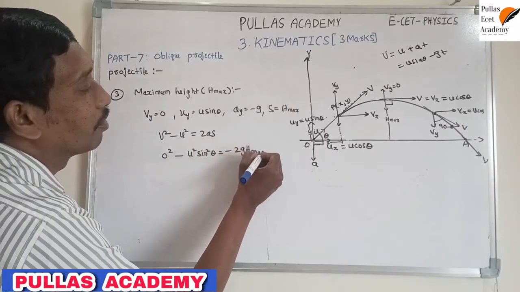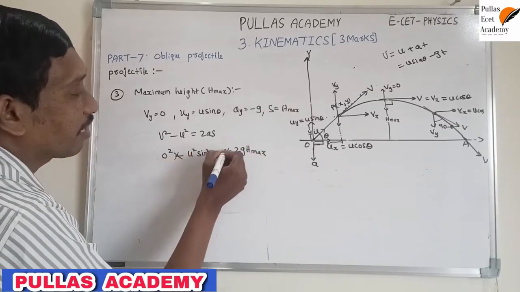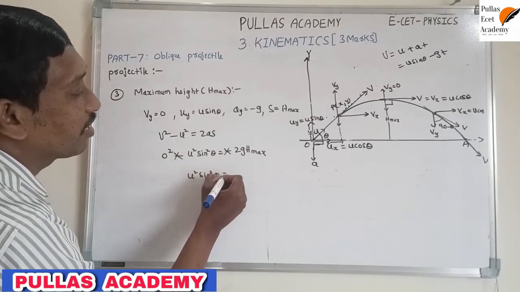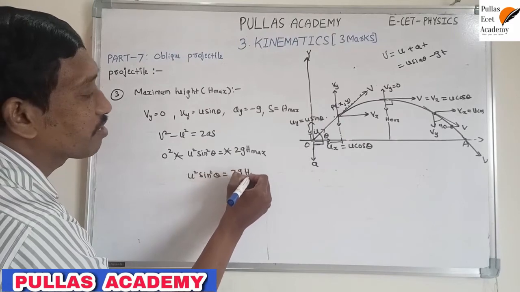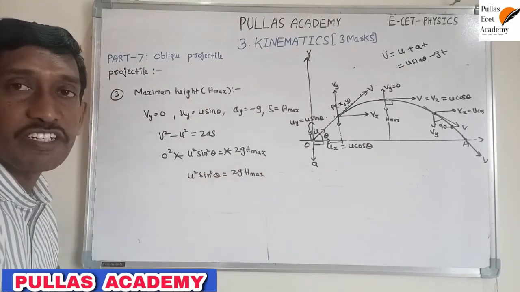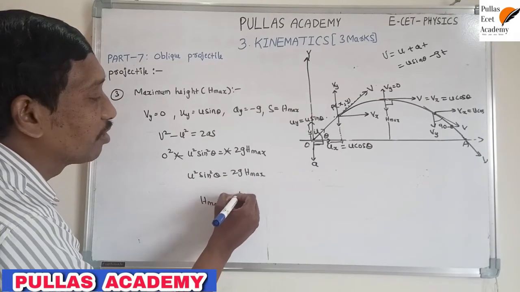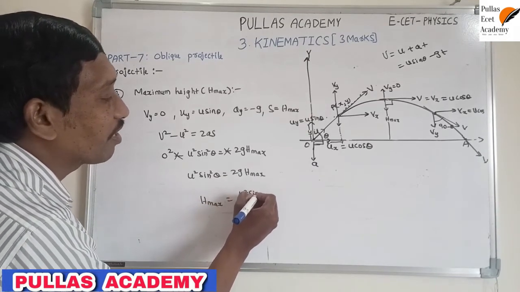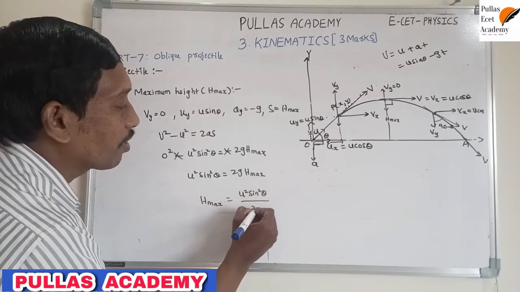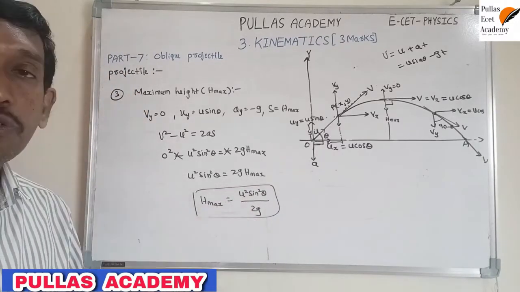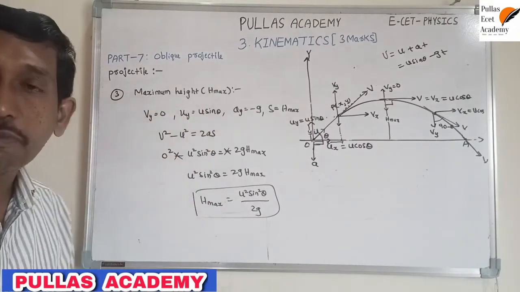Now this negative sign cancels, and the remaining is u square sin square theta is equal to 2g h max. We need the expression for h max, so writing it as the subject, h max is equal to u square sin square theta by 2g. That is the formula for h max.